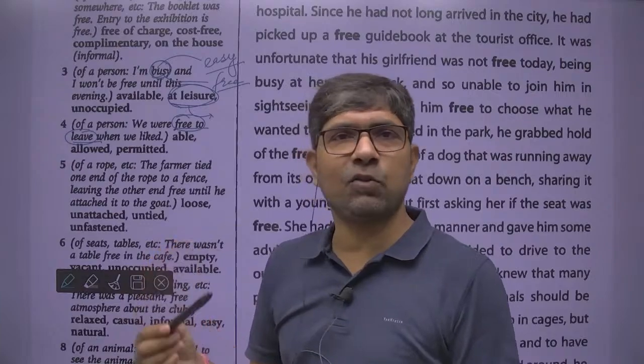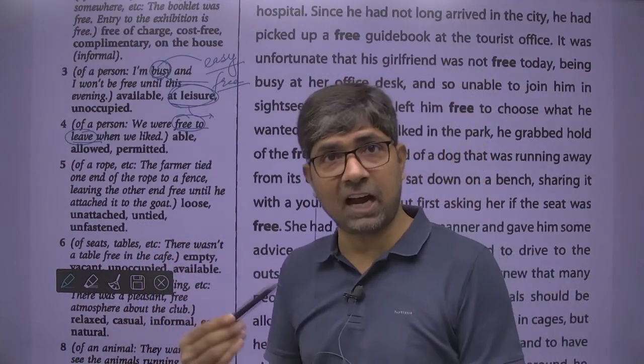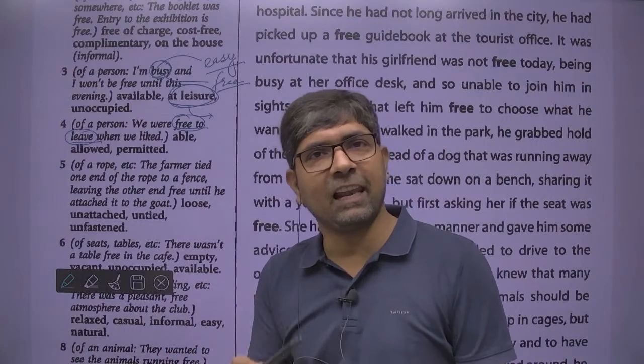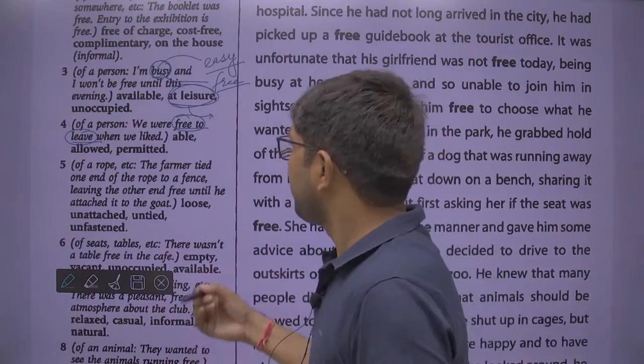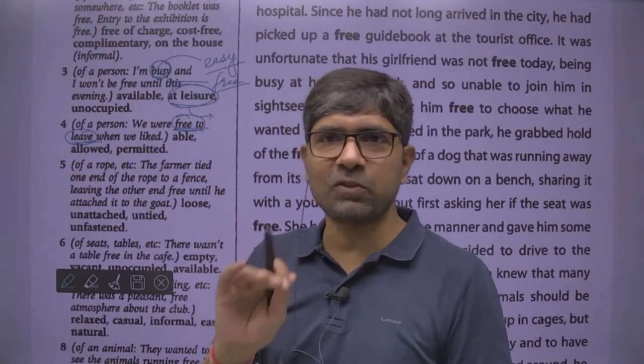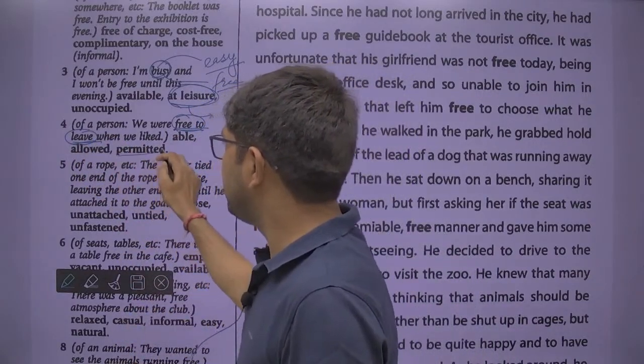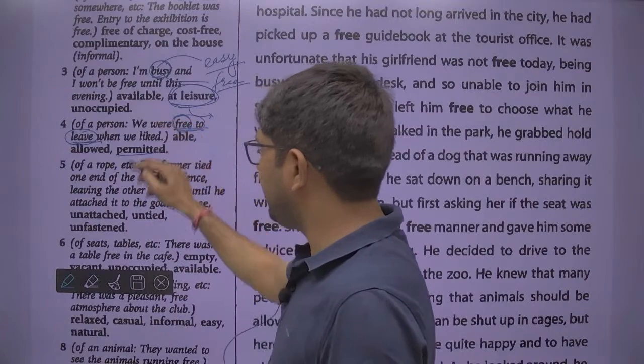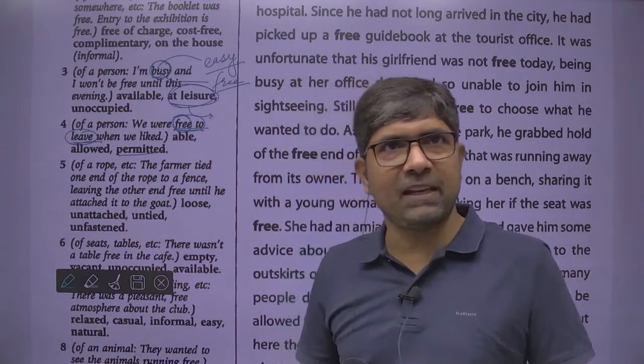Means I do not have any work for you, and as an officer or as an in charge of the activity, I allow you to go there. So you are free to leave means you are allowed to, you are permitted. So you are free to leave means you are allowed to go, you are allowed to leave.